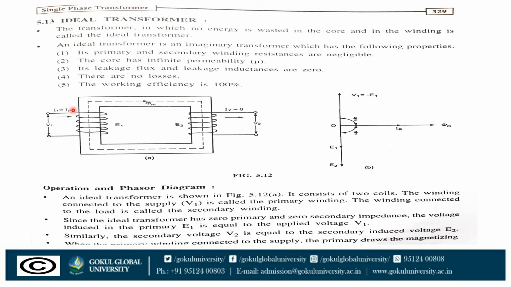I mu is the magnetizing current, the current required to magnetize the core. So the alternating current I mu produces an alternating flux phi m which is in the same phase as I mu. So flux phi m and current I mu are in phase.